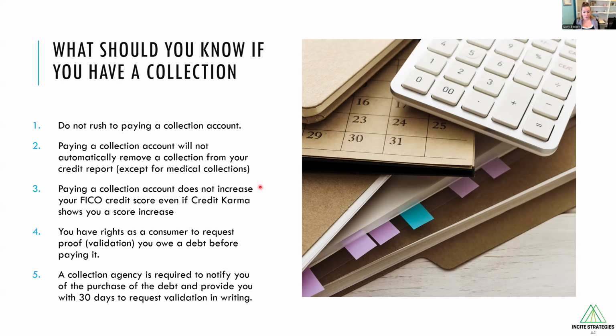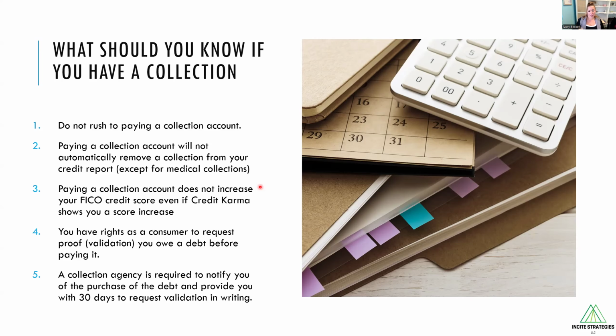But most often we find, and it's not a rarity, it's the commonality, that they don't have the proof that they're obligated under the law to have in order to report the debt or collect on the debt. Which means as soon as that client disputes that debt, as long as they do it the right way, they can get it off of the credit report and absolve themselves from owing it because they don't have that proper documentation.